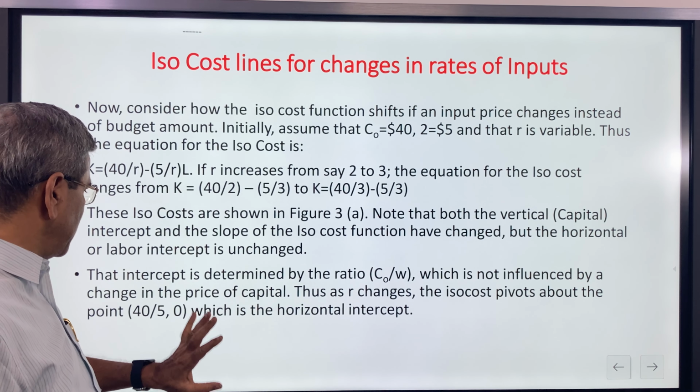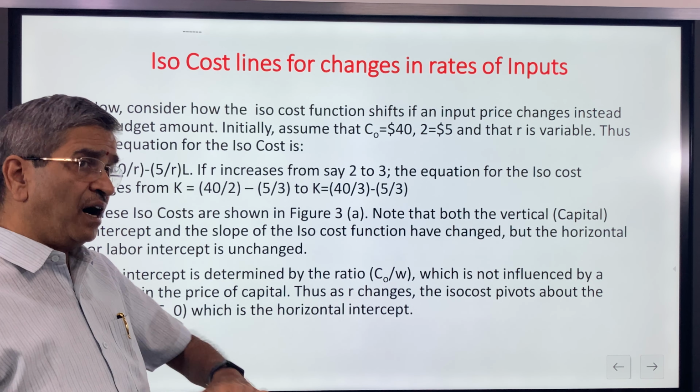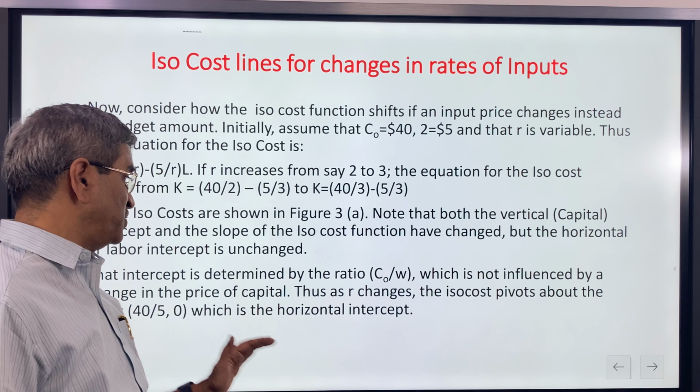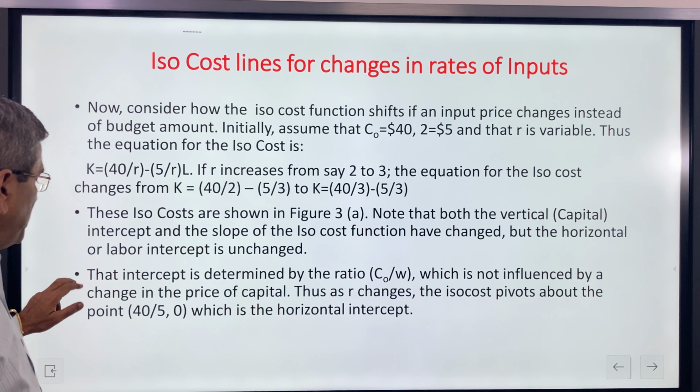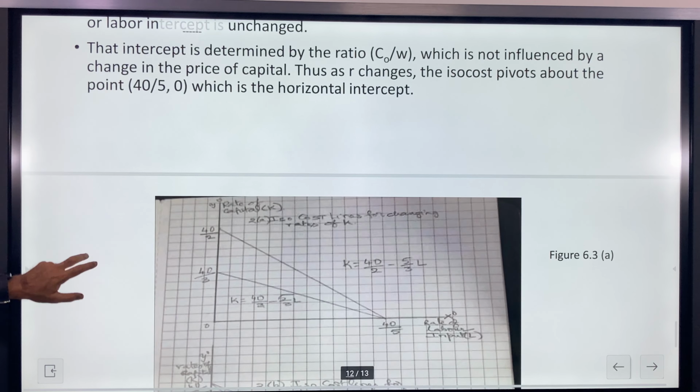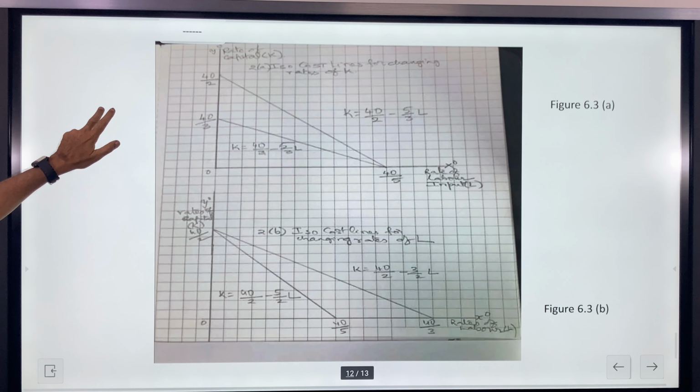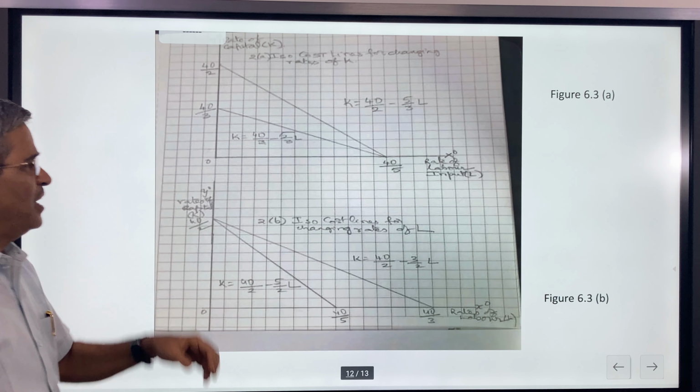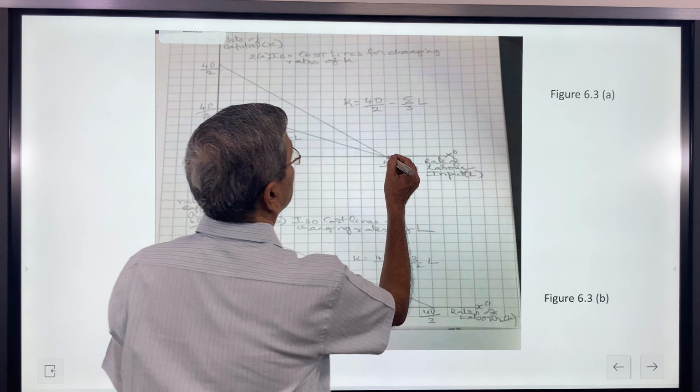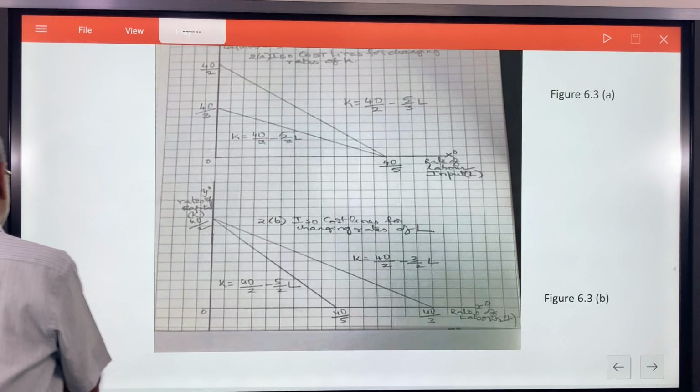If you reverse the case, if you change the wage rate, horizontal will change and vertical will be unchanged. I will show you both. Here horizontally this is the labor, there is no change.